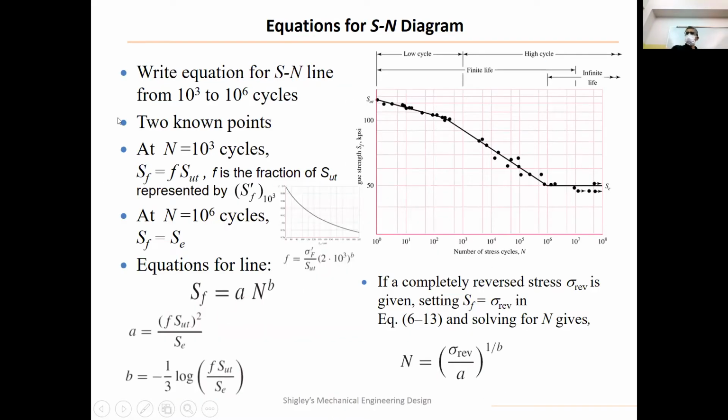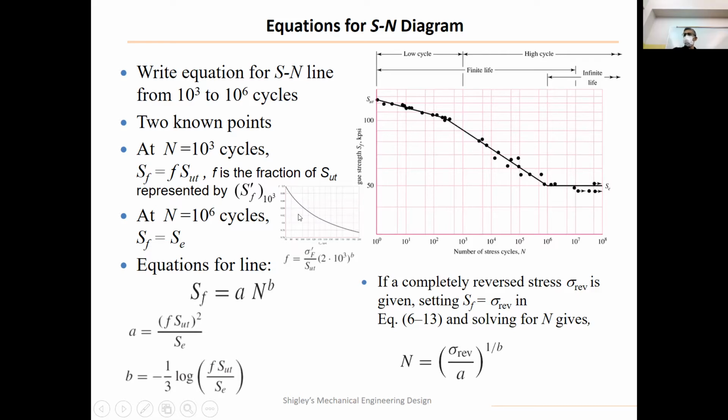We were able to describe these curves. If I identify these two points, I can come up with this equation of a line, a logarithmic line, and I can find the fatigue strength for a given number of cycles N, knowing a and b, and here is a and b. Please remember that this f is known as the fraction of ultimate tensile strength.